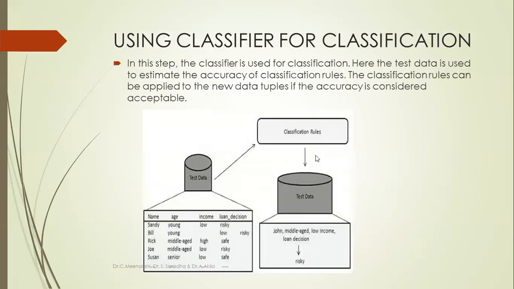After training the data in the learning phase, we go for the next phase, where the actual classification is going to happen, using the test data. The test data is used to perform the classification, and whether it classifies correctly or not with the learning phase is measured using a metric called accuracy. Here I'm given the same training data, but now I'm giving a different set of test data.